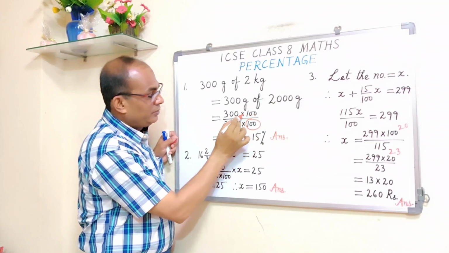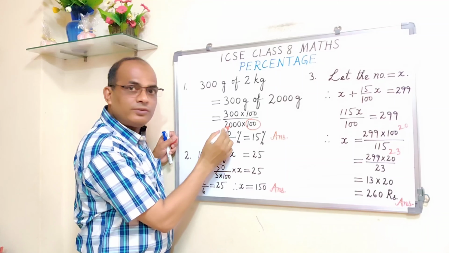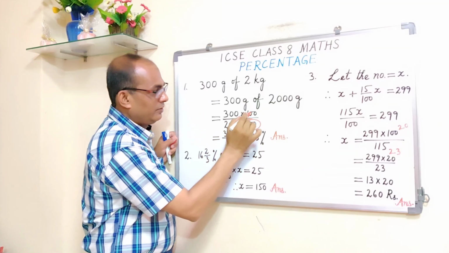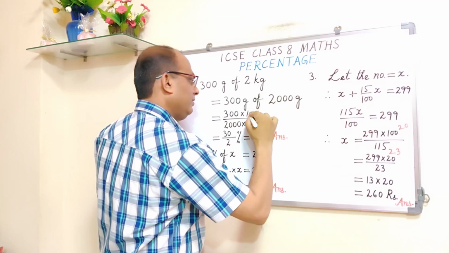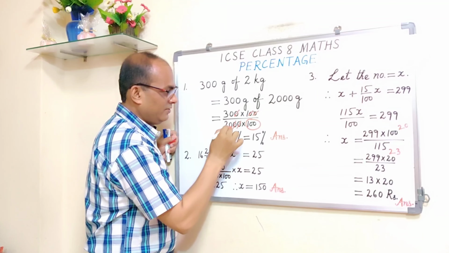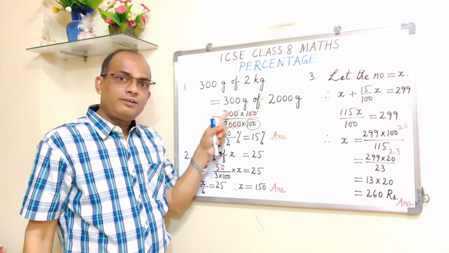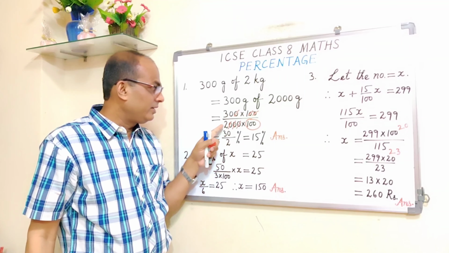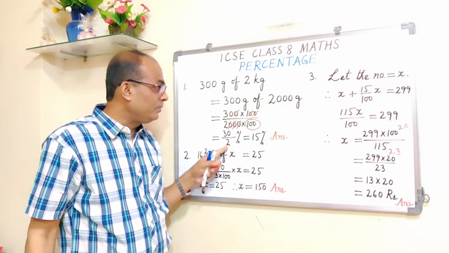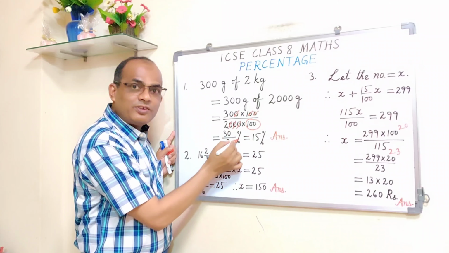There are 4 zeros in the numerator and 3 zeros in the denominator. So you can cancel 3 zeros, and we are left with 30 in the numerator and 2 in the denominator. So 30 upon 2, and this 100, as I told you, will become percent.